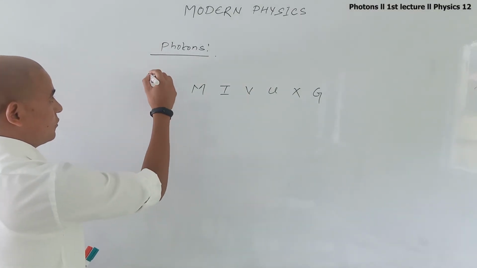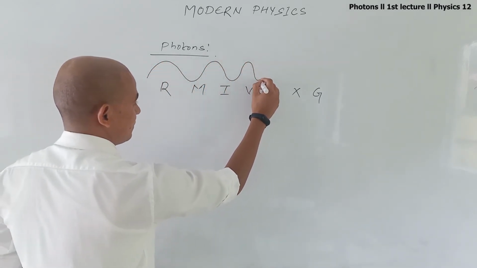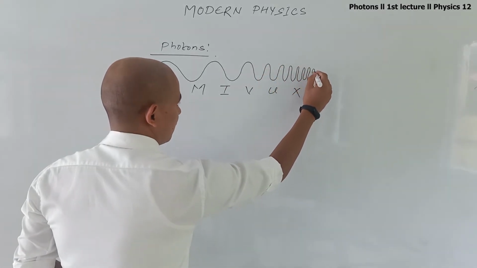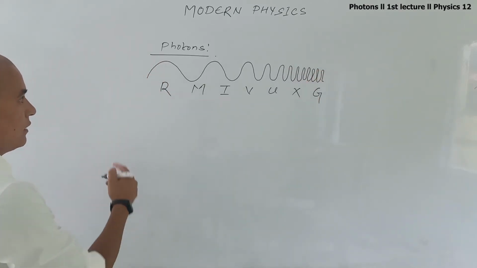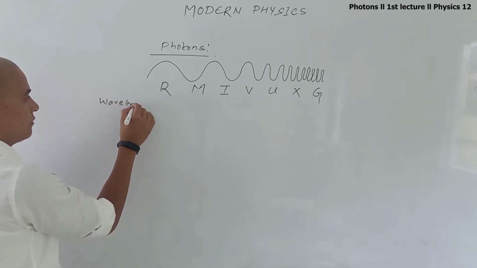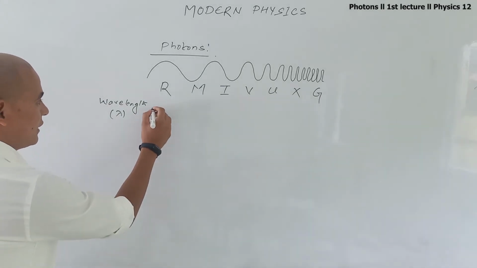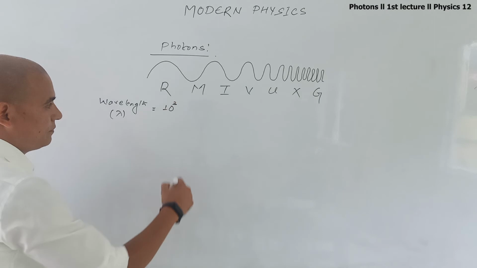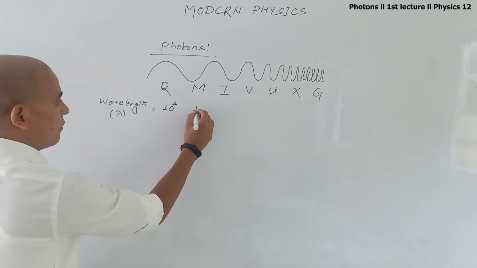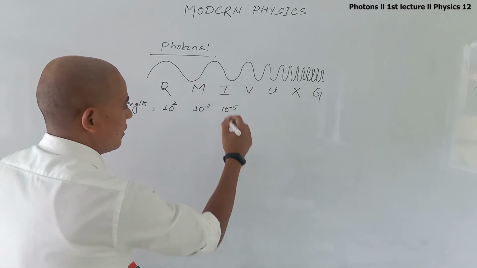Going from left to right, the wavelength of the wave gradually decreases. Wavelength is lambda. The wavelength of radio wave is around 10 to the power 3 meter, microwave around 10 to the power minus 2 meter, and infrared around 10 to the power minus 5 meter.